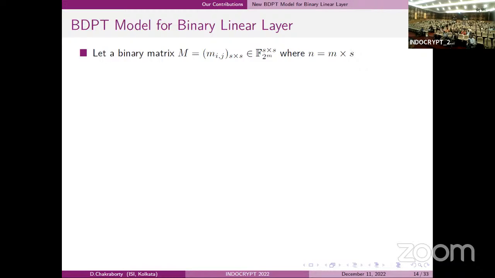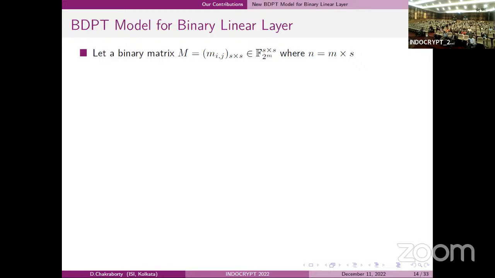For example, Skinny, Midori, Prince, Mantis. For block ciphers such as AES and LED, Mij is not only 0 and 1; the polynomial is not a constant polynomial.